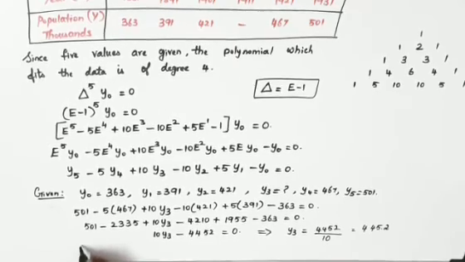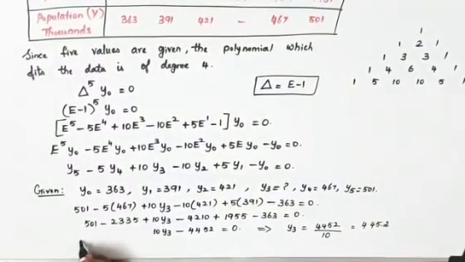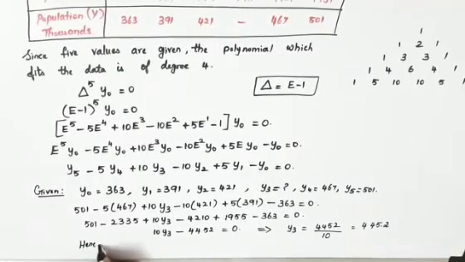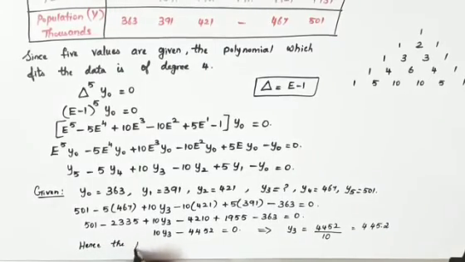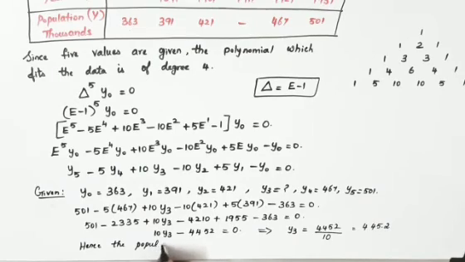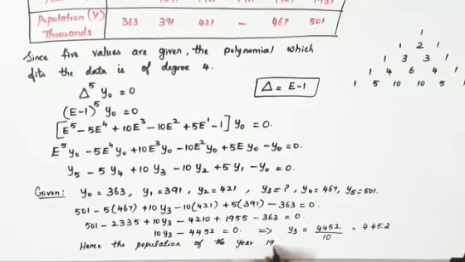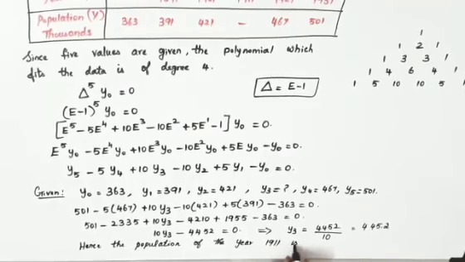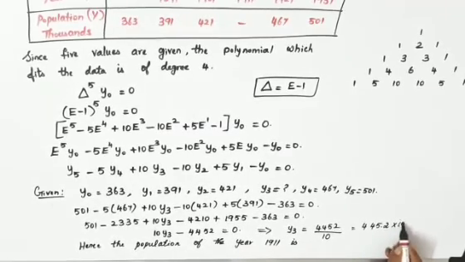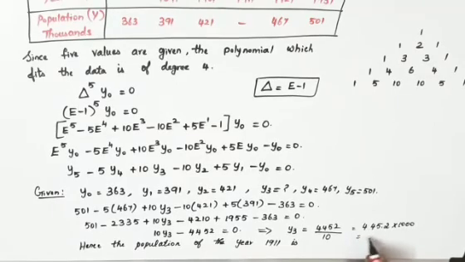Therefore you can write, hence the population of the year 1911 is, so you'll have to convert this into thousands, so multiply this by 1000, you will get the answer as 4452 with 00.